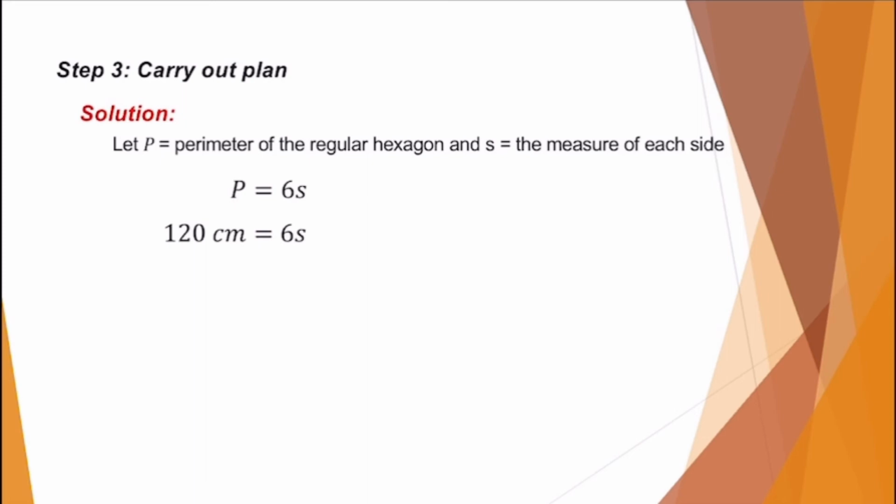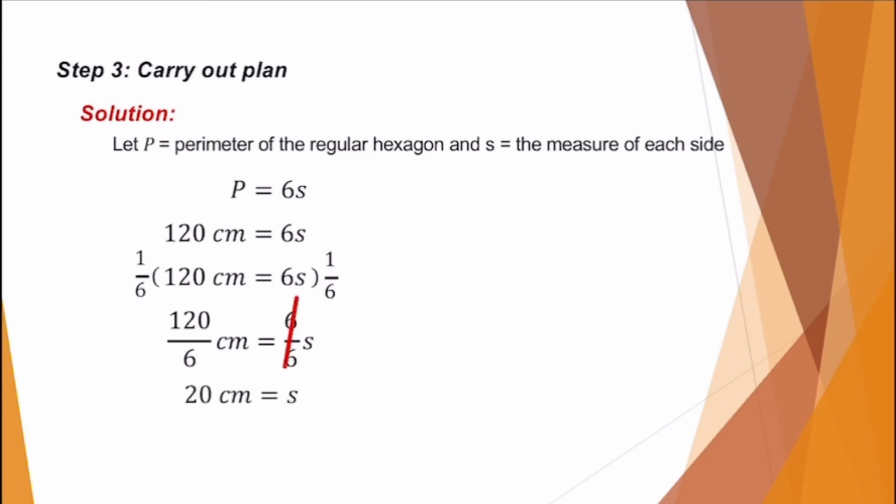After that, let's apply the multiplication property of equality by multiplying both sides by 1/6. After that, we will have 120/6 centimeters = 6S/6. So, let's simplify. We now have 20 centimeters = S, and by applying the symmetric property of equality, S = 20 centimeters.